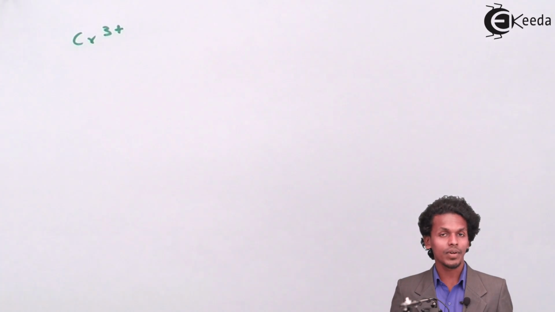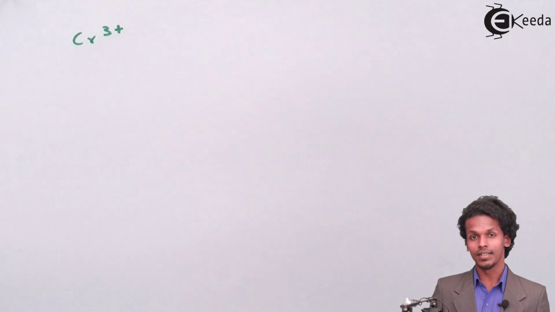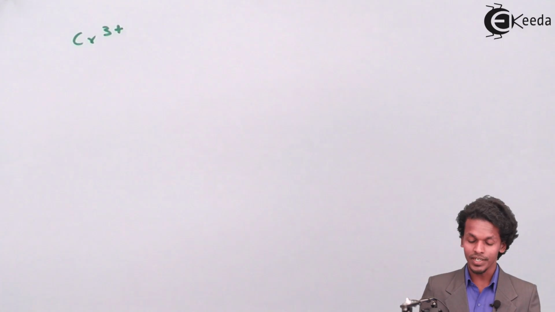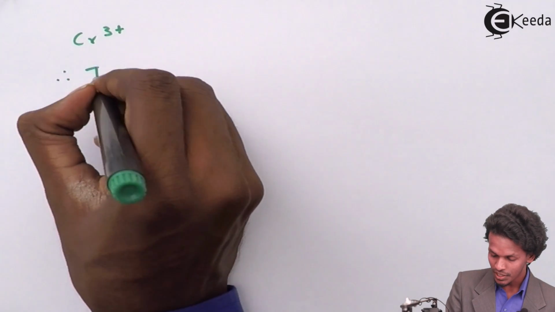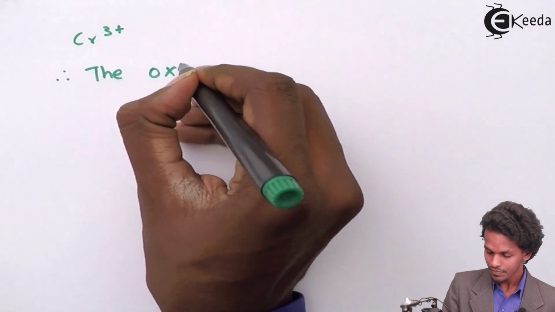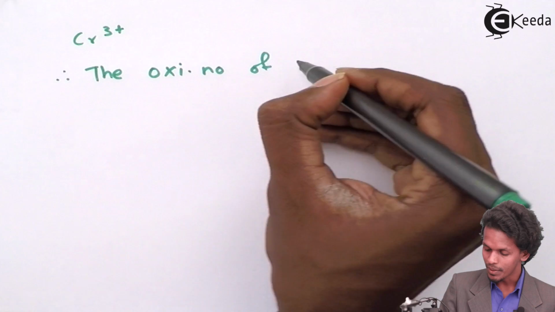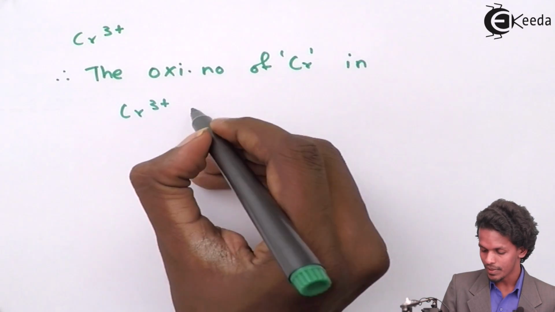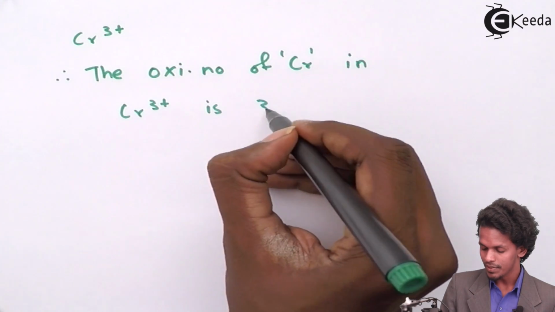We don't need to calculate the oxidation number of chromium in Cr3 plus, because it is already mentioned in the form of the charge present on it. So therefore the oxidation number of chromium in Cr3 plus is nothing but 3 plus.